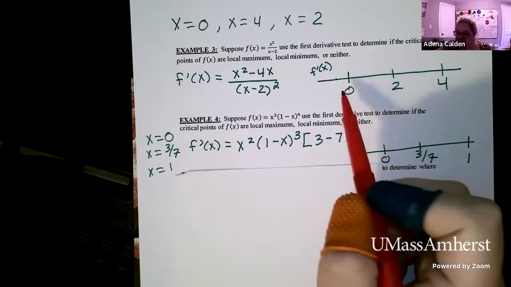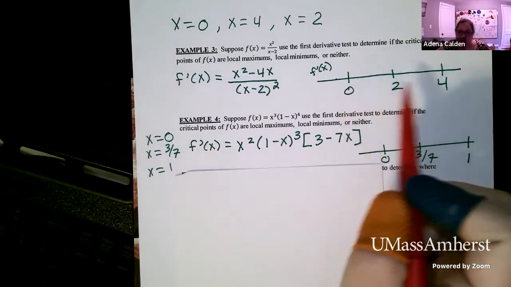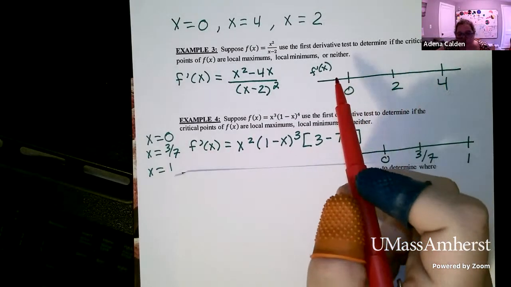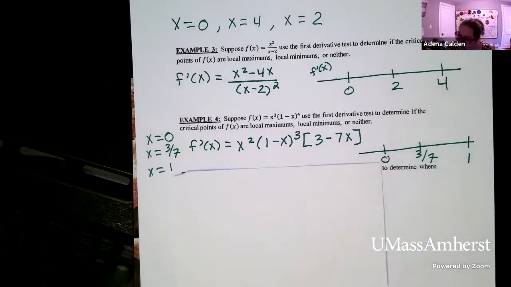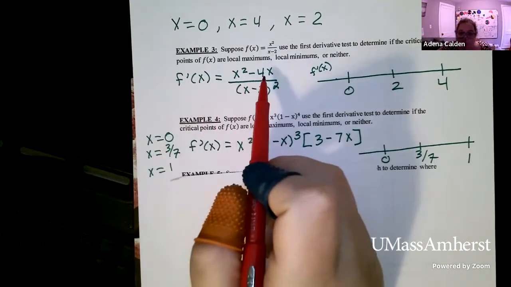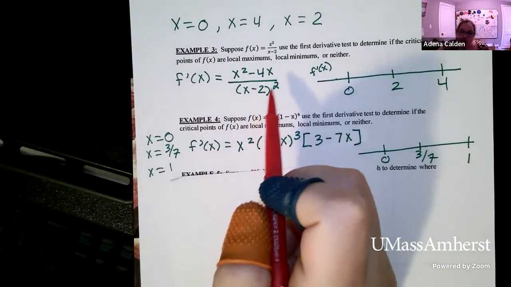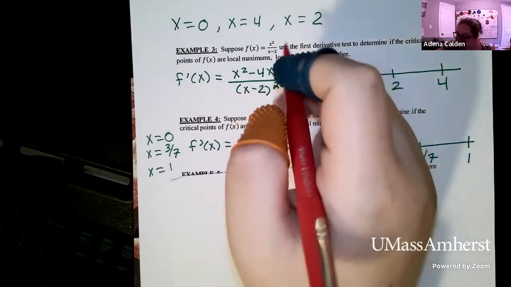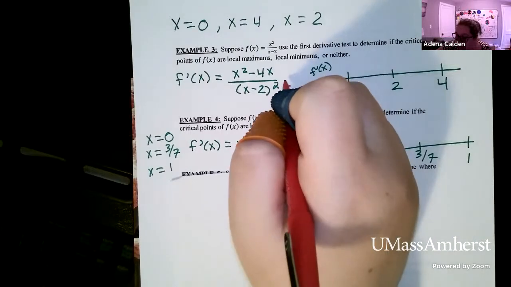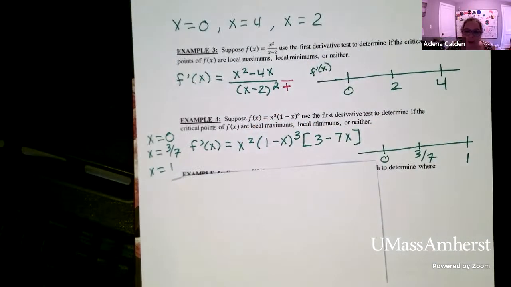So again, we lay out our critical points on a number line in increasing order. This creates intervals around the critical points. We need to find the sign of the intervals. So one thing that I notice on my derivative function is that I have a numerator and a denominator, right? But my denominator is something squared, which means my denominator is always going to be positive.